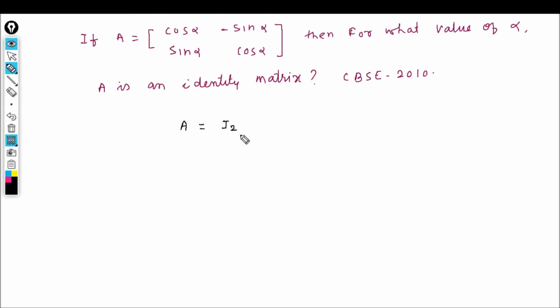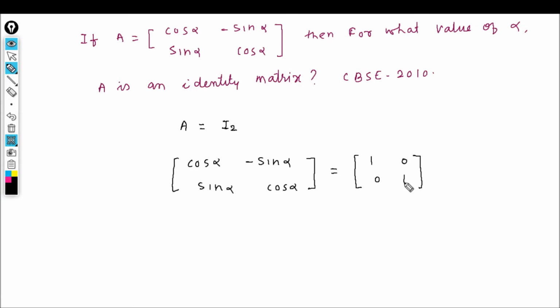A is equal to I2 का मतलब क्या है बच्चों? This is an identity matrix of order 2. So what is A here? Cos alpha, minus sin alpha, cos alpha. That is equal to an identity matrix of order 2, 1, 0, 0, 1.